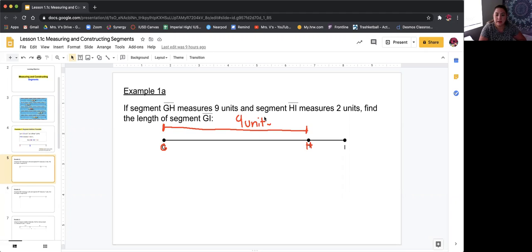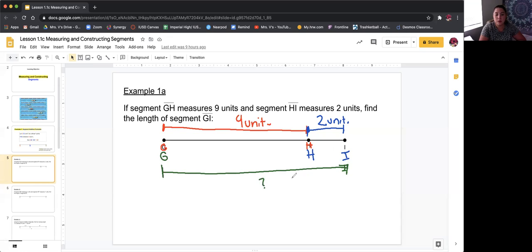It says that I have segment HI, and this segment here is 2 units. And we want to know the length of segment GI. So which one is GI? Here's G, here's I. So the entire segment, we don't know what it is, right? So it's a question mark.